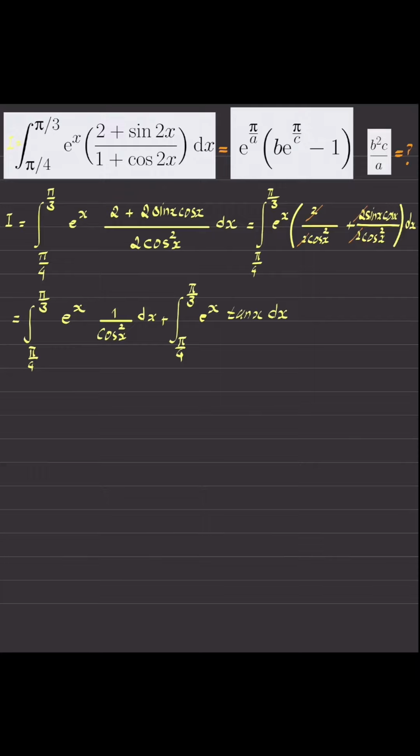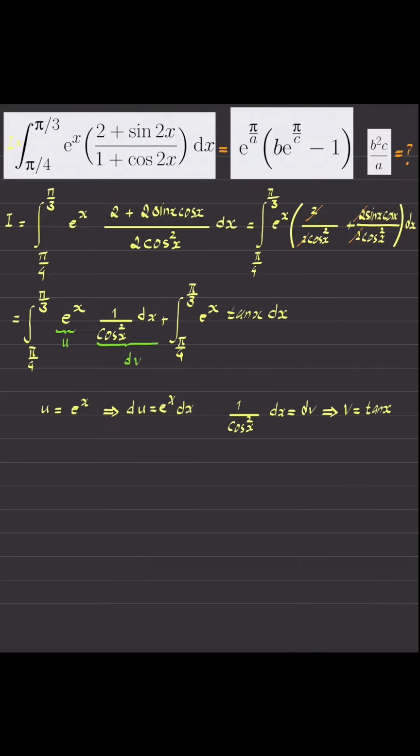You will see why. So I want to call this one dv, and I want to call this one u. So u is equal to e to the x, so du becomes e to the x dx, and I have 1 over cosine x squared dx as my dv, so one possible choice for v is tangent x, because the derivative of tangent is simply 1 over cosine x squared.